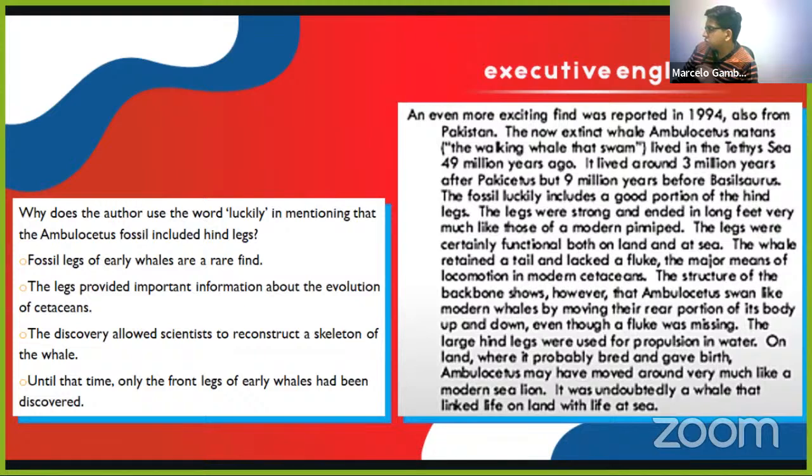Okay, so that's the question. And this type of question, of course, the example is sort of difficult. They're talking about Ambulocetus. It's sort of strange. But we can deduce that. Anybody knows the answer here?